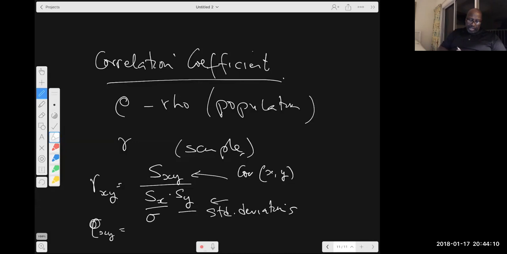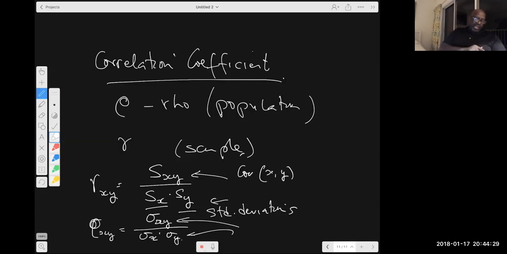We switch to sigma XY, sigma X, sigma Y. And that will be for population. Again, instead of sample standard deviation, we'll just have population standard deviations and the population covariance.